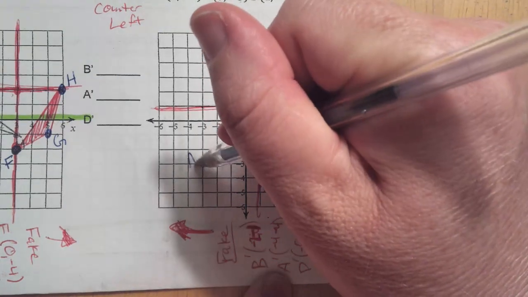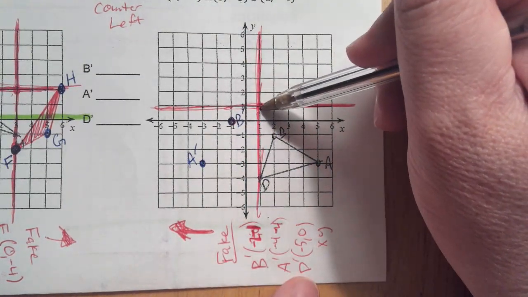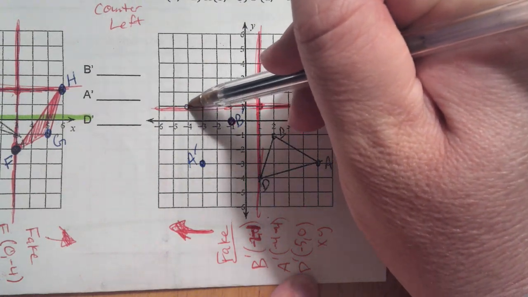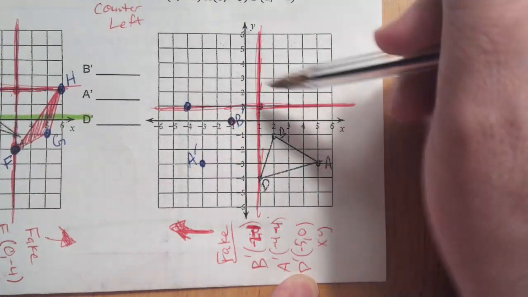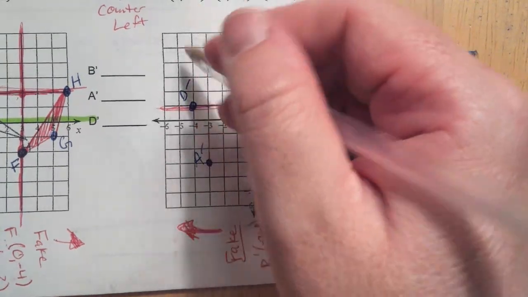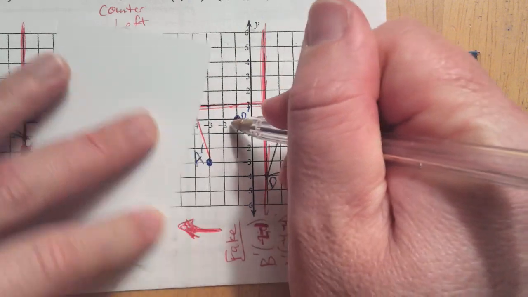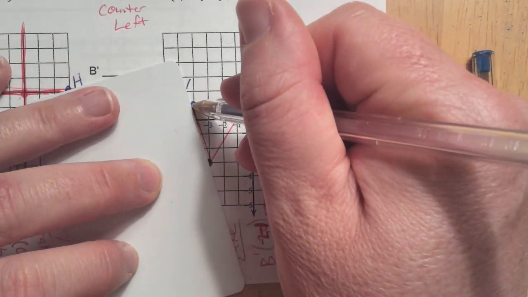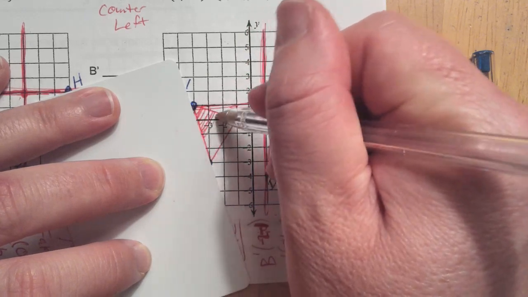And that is my A prime. And then my D is at -5, 0, and it's on the x-axis. And that right there is my D prime. All right, take my red, and I'm going to connect the dots and shade it in.